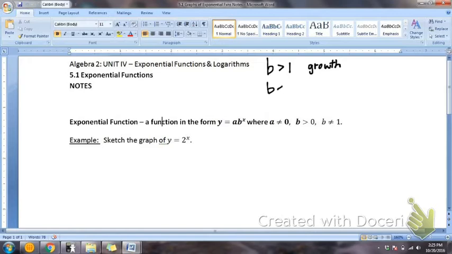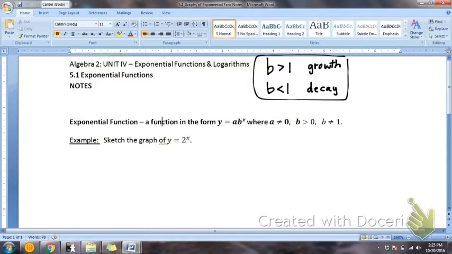If the b value is less than 1, it's going to be what we call decay, exponential decay, meaning decreasing. Okay, so that's really important that you know this. If it's greater than 1, it's growth. If it's less than 1, it's decay.